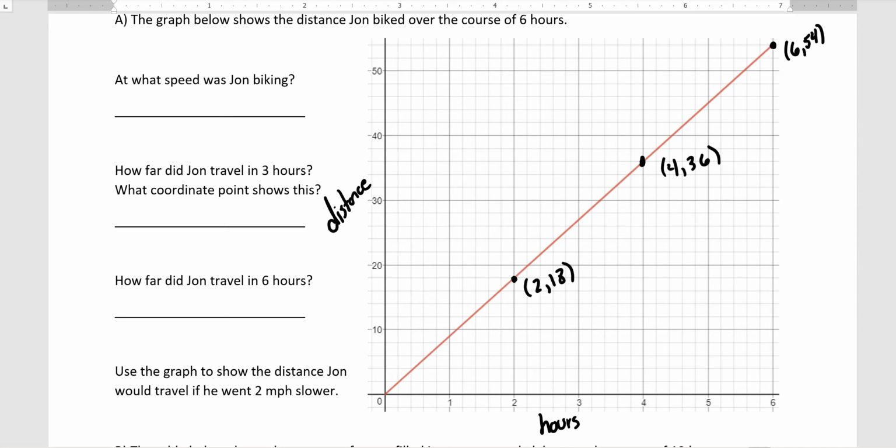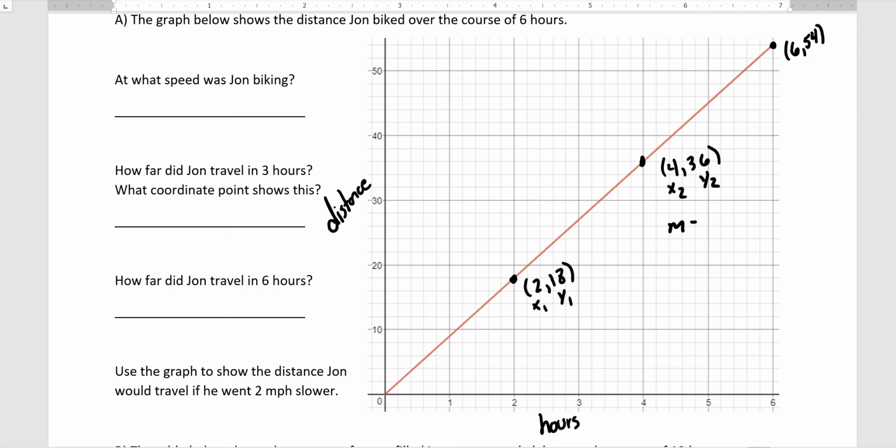Well, speed in this sense would be represented by the slope of this line. So let's use these 2 points here to find the slope. So we'll say this is x1 and y1. We'll say this is x2 and y2.